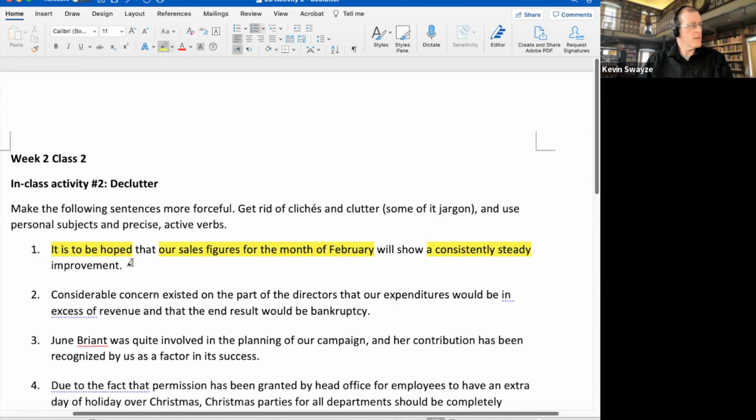I'm going to put, I hope sales in February, there you go. I hope sales in February show consistent improvement. That's what I would do with that, just clarify it down.